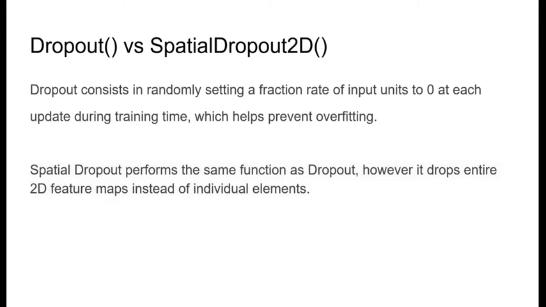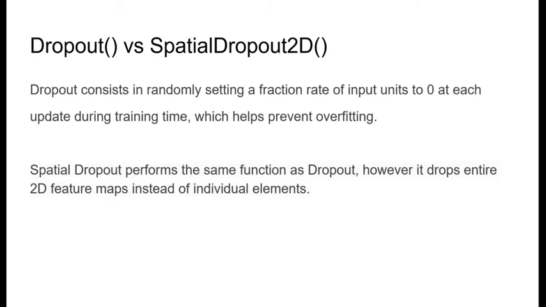That means if it finds some strong correlation, like a two-dimensional spatial correlation between neuron A and B, it has to adopt A and B at the same time, or it has to drop them at the same time.